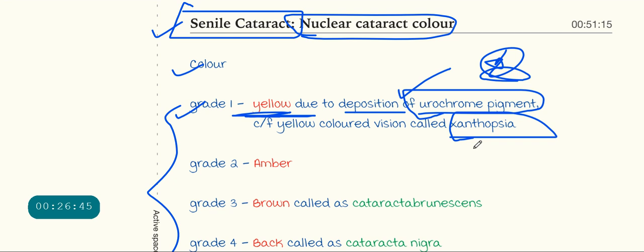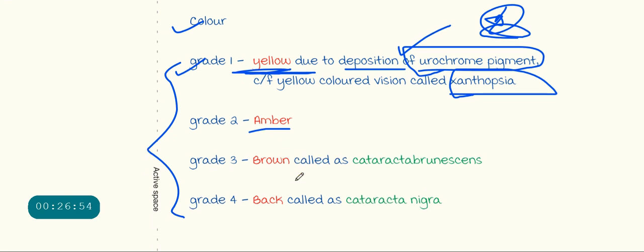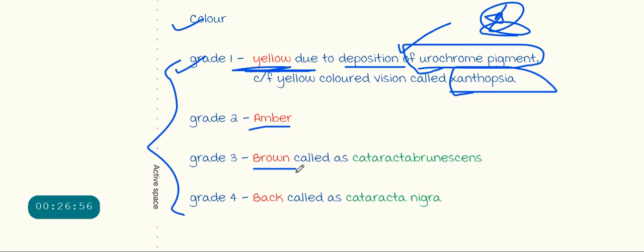Very simple. Now the second grade color is amber, the third grade color is brown, so called as cataract brunescens. The grade fourth one, the color appearance is black, and this is called cataract nigra.